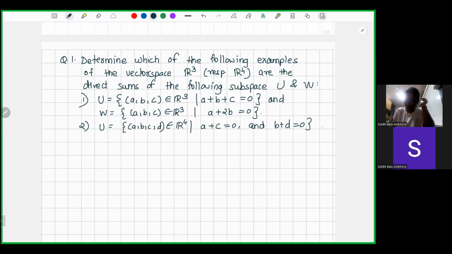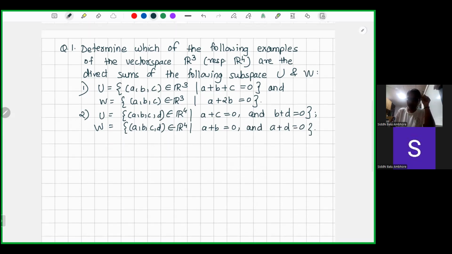And W is A plus B is 0 and A plus D is 0. So in the second vector subspace here, we do not have any condition on C. So C can take any value in R.